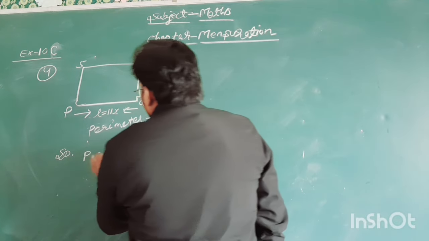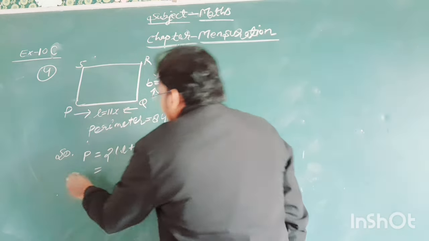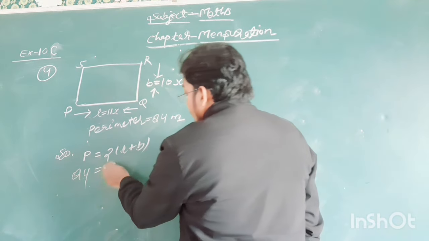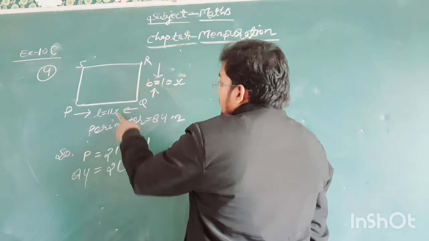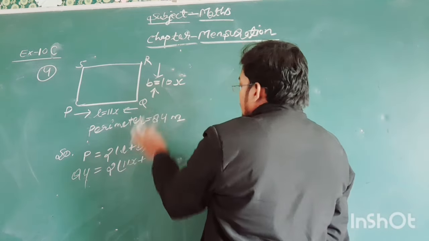So perimeter of rectangle is equal to 2 times (l plus b). Perimeter is given, which is 84 meter. 2 times, length of rectangle is 11x, breadth of rectangle is 10x.